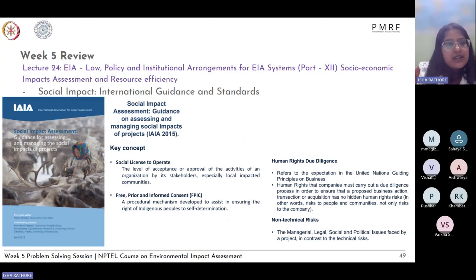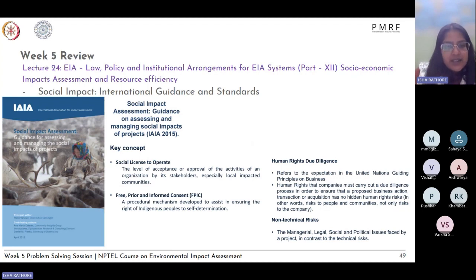Then we also had the International Association for Impact Assessment guidelines on assessing and managing social impacts of projects. It has a few guidelines like the social license to operate, which is the level of acceptance or approval of the activities of an organization by its stakeholders, especially locally impacted communities.